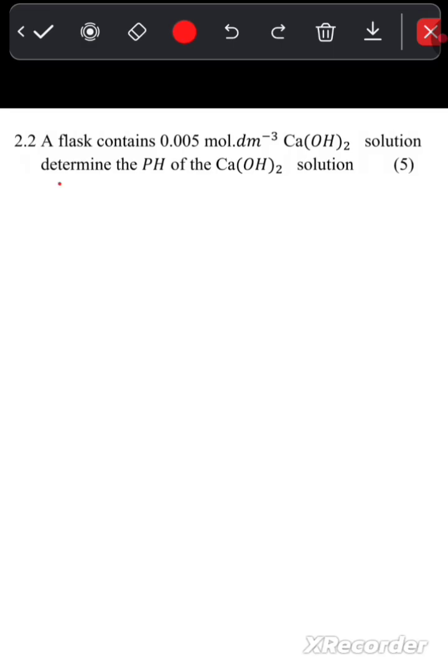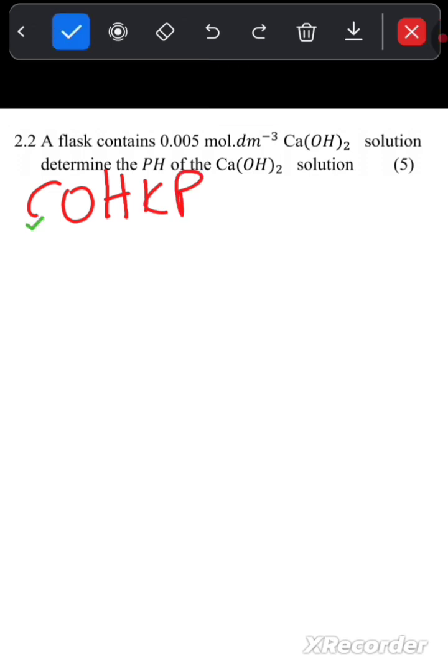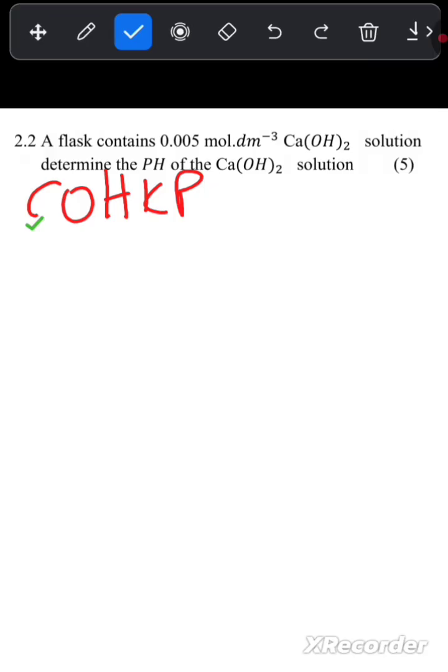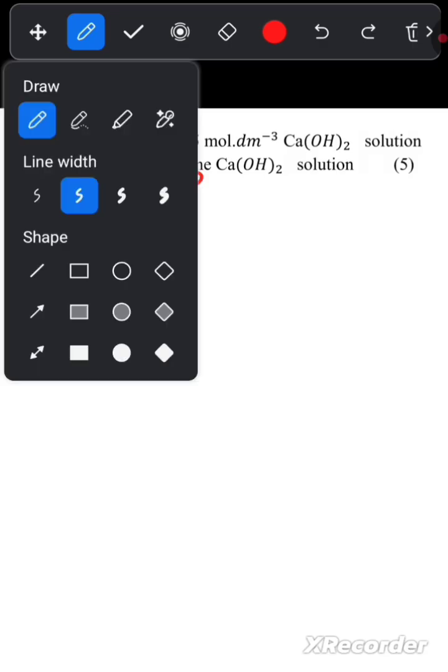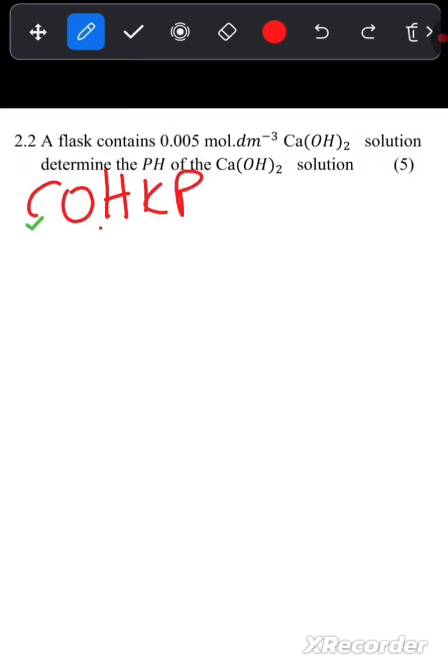Let's cook the base. What do we have? We have the concentration of that base. So I'm going to get to the concentration of OH minus using a ratio.